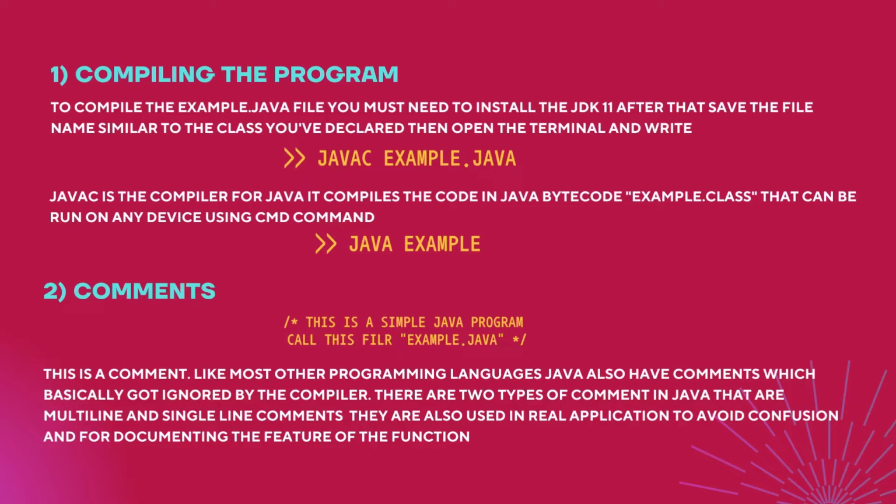Thus, the output of javac is not executable code as such. To actually run the program, you must use the Java application launcher called java. To do so, pass the class name Example as a command line argument as shown here.